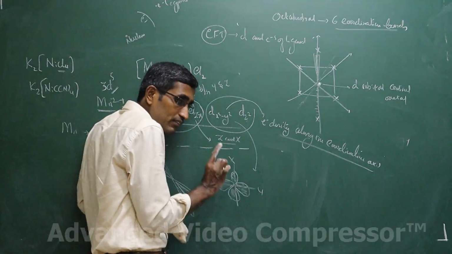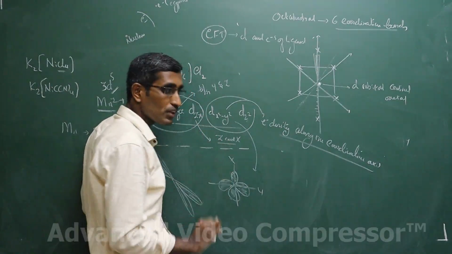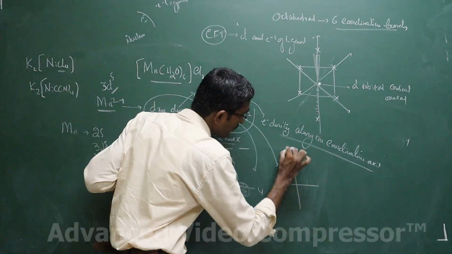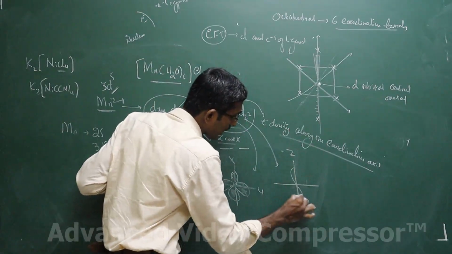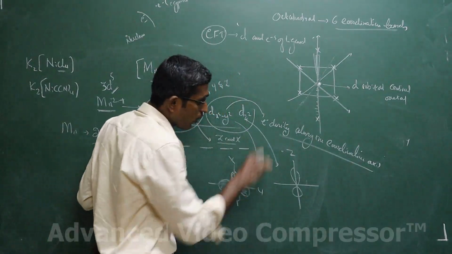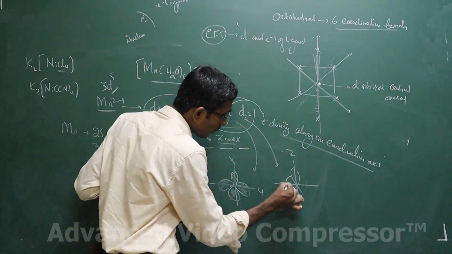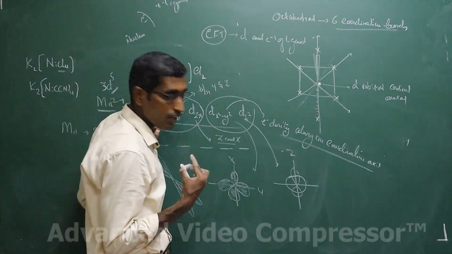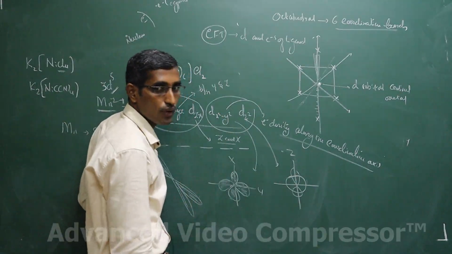That means electron density is there along the coordination axis. If you consider the dz square orbital, for example, it will have a lobe along the z axis and again a collar-like lobe along the xy plane. Right? That is what is called our dz square orbital.